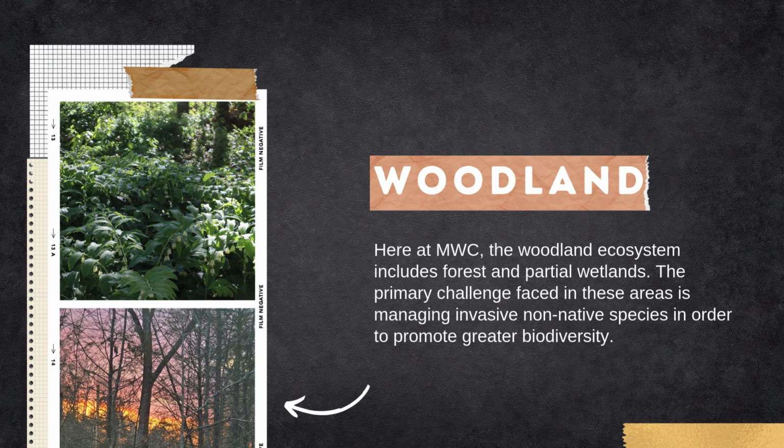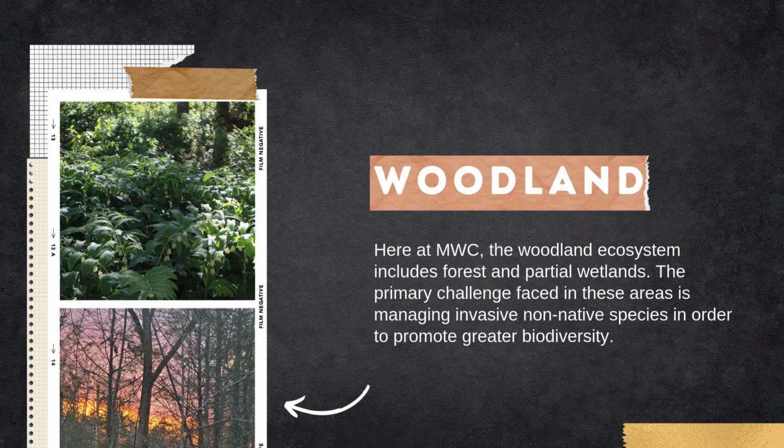And so our woodland area includes forest and a partial wetland area. It's not a very big wetland area, but technically it would be considered wetland. The primary challenge that is faced in those areas is managing invasive non-native species in order to promote greater biodiversity.